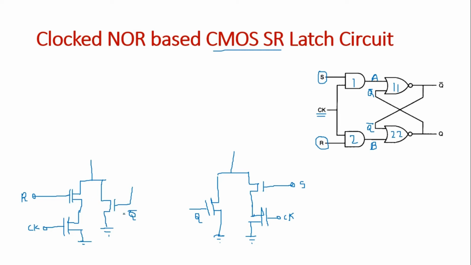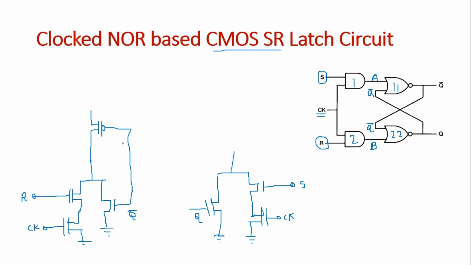So overall there will be a series connection. Let me draw and explain. Let us first draw a Q bar. As it is a PMOS transistor, I will draw a bubble over here. So this is our Q bar. Now this Q bar is in series with the parallel connection of R and clock.